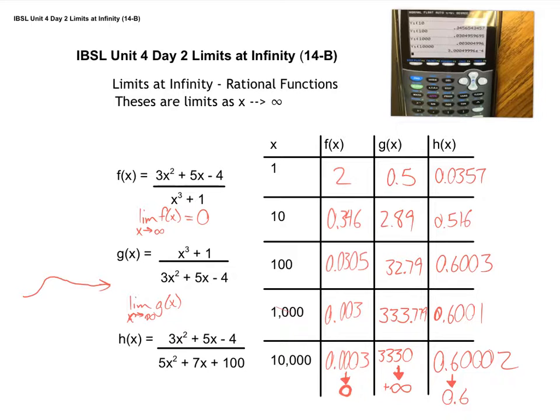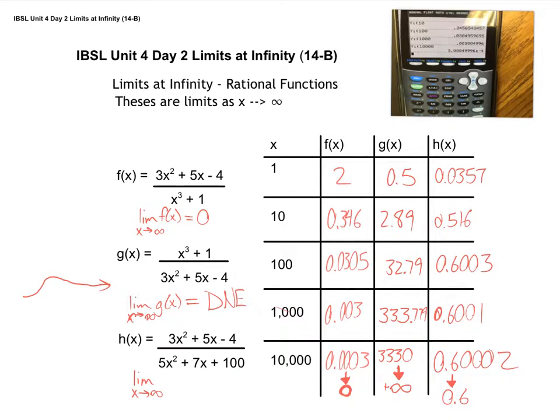So what would we say about the limit there? It does not exist, okay? It approaches positive infinity, so we would say it does not exist. Okay? So when it's approaching positive or negative infinity, that does not exist, right? Yes, you say that the limit does not exist because it's not approaching a specific value, okay?